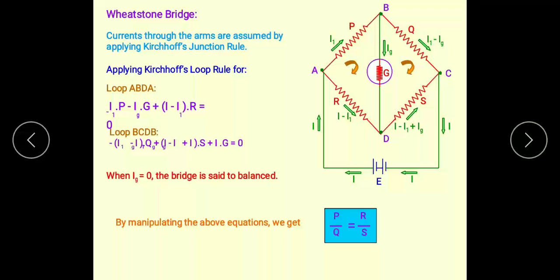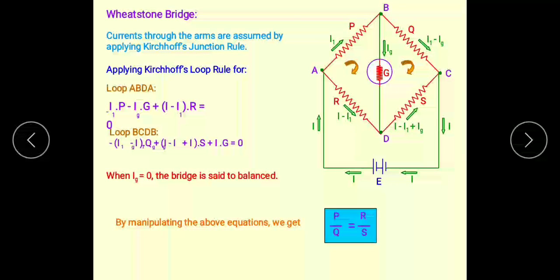When it is in the same direction, then it is negative. One thing more: some books take the potential difference as positive when the direction of calculation and current are the same, so don't be confused.